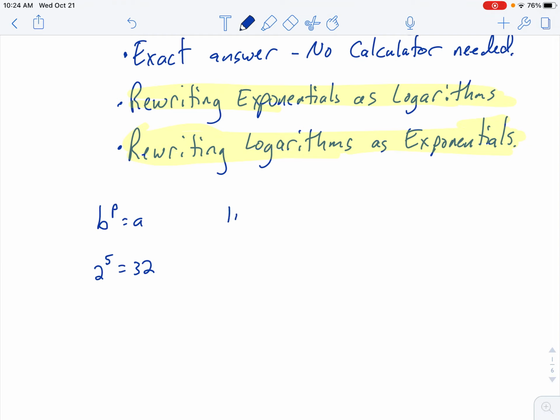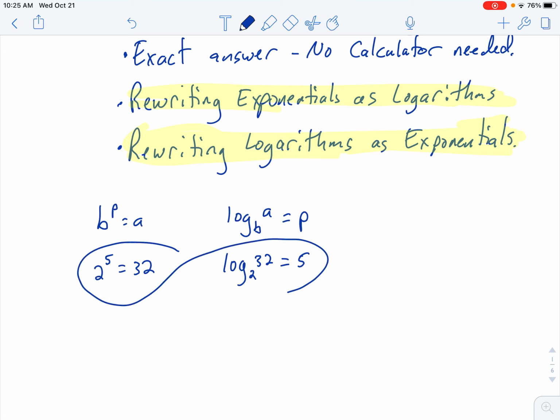A logarithm has a base, an argument, which happens to begin with the letter A, just like answer, and then the other side of the equal sign is the power. So log base 2 of 32 is 5.